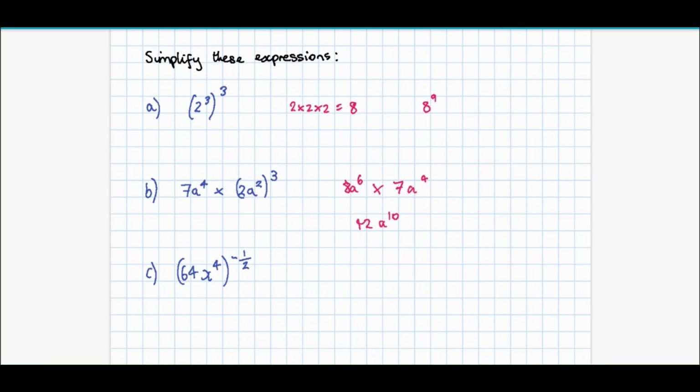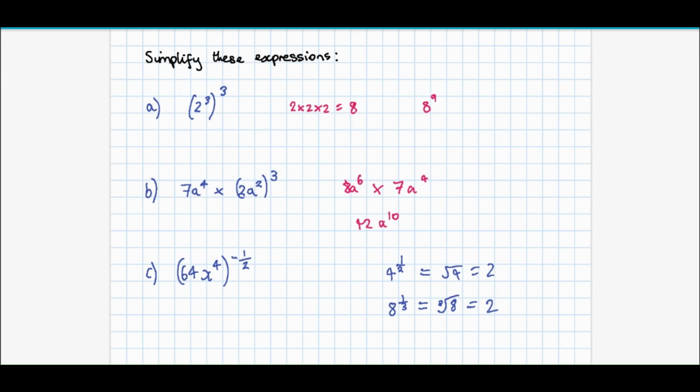Now, with a fractional power, the denominator is going to be what you root the number by. So, for example, if you've got 4 to the power of a half, that's going to be the same as root 4, which equals 2. Or if you've got 8 to the power of a third, that's going to be the same as the cube root of 8, which equals 2.